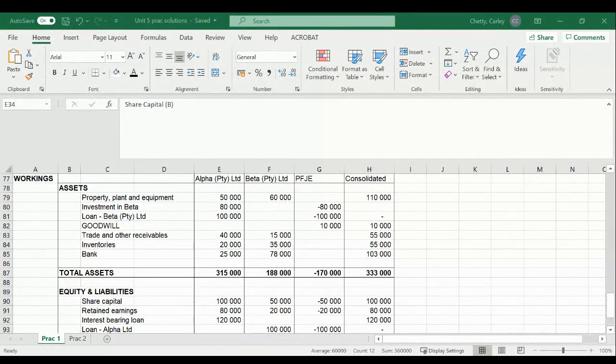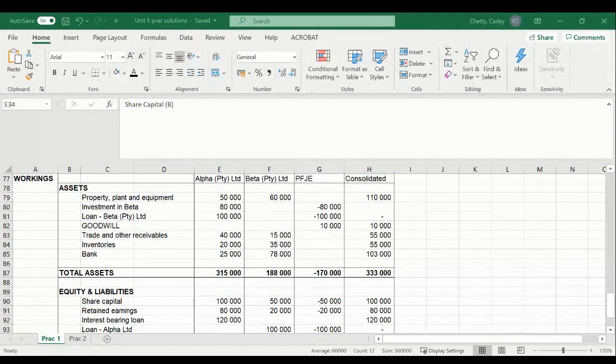Okay. Then let's have a look at the investment in Beta. In Alpha's separate financial statements, it has recorded an investment in Beta of 80,000 Rand. We would add this to any investment in Beta. Obviously, there's no investment in Beta in Beta's books, but we're adding Alpha plus Beta.